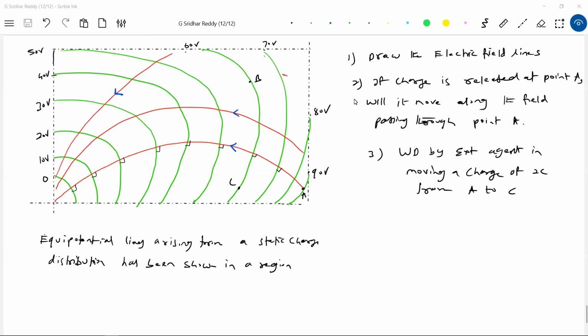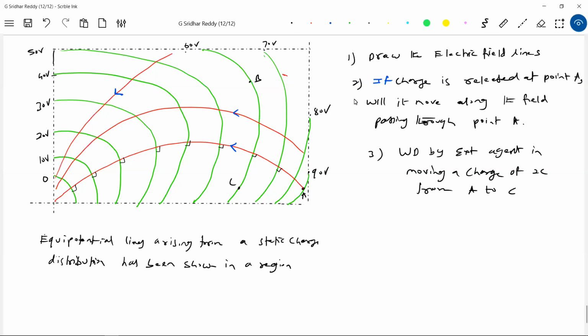Please think once and answer yes or no, because we are going to almost conclude, this is very important. If I release it, will it move along this direction? A charged particle will move along lines of force only in the case of a field produced by an isolated point charge, am I right?